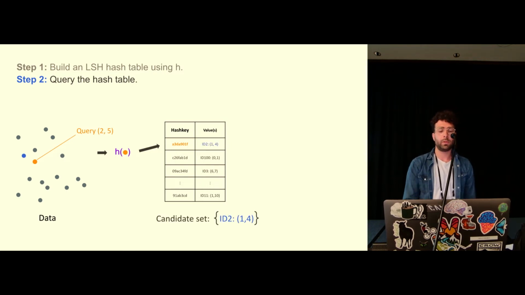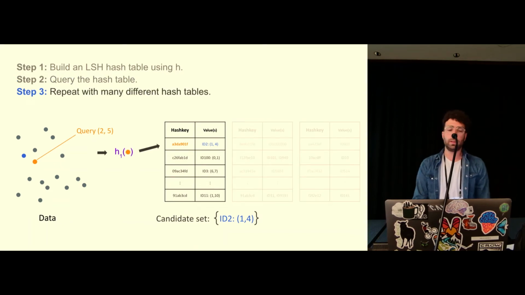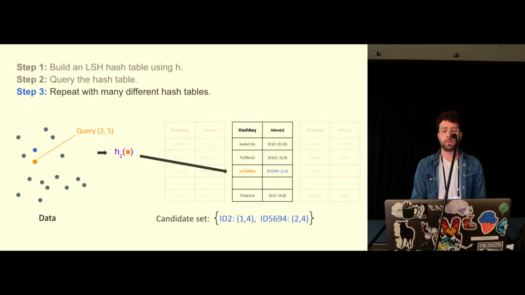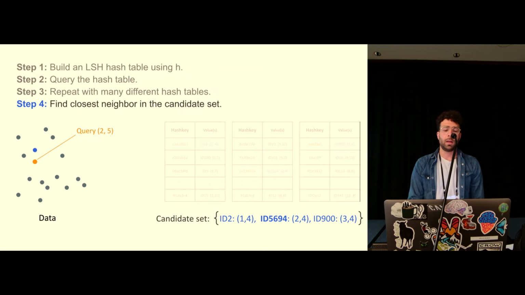So here, the point collided with the first hash key in the table, and so we'll add the ID of the point and the coordinates of the point, or the features, into our candidate set. And we'll repeat this process with many different hash tables to increase the size of our candidate set. And then, once we have a sufficiently large candidate set, we can brute force search within the set and find the nearest neighbor by examining the coordinates or the features.